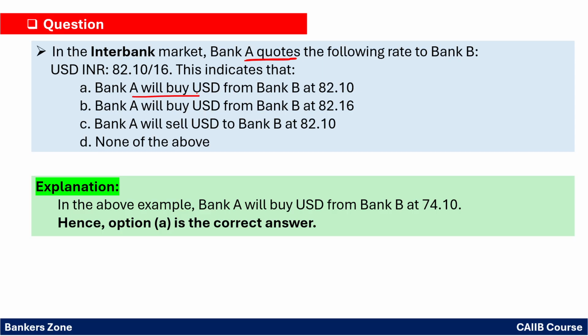So A will buy from bank B at 82.10. Because in case of a quotation, when the quoting bank is mentioned, the first price is called the buying price and the second price is called the selling price, right? So the answer will be that. The quotation given by A, from the perspective of A, will try to buy at a lower price, which here must be 82.10. So option A will be correct.